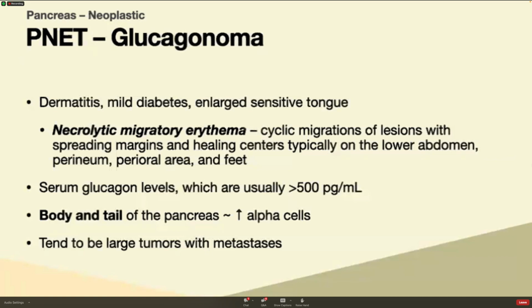For glucagonoma, the lesion is usually located at the body and tail. And in the test question, usually the patient presents with dermatitis. This is the necrolytic migratory erythema, and also mild diabetes.